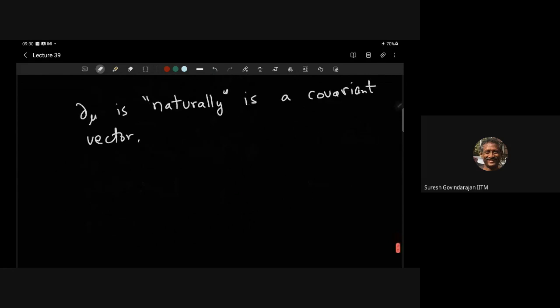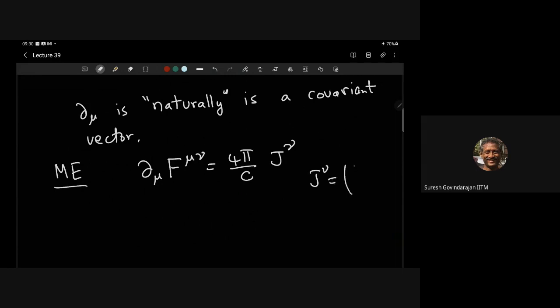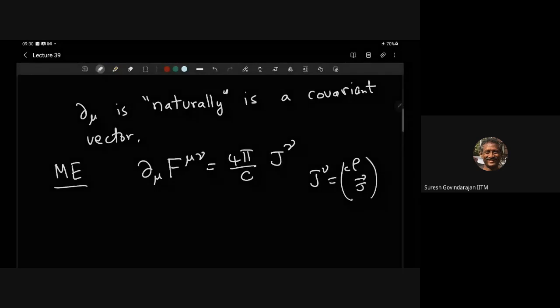So now we can write Maxwell's equations. I can write them in a covariant form. Okay, so I write this, where J nu, up to factors of c, is just rho and J vector. Sorry, not phi, but rho. Okay, I forget it. It's probably 0 or something like that.